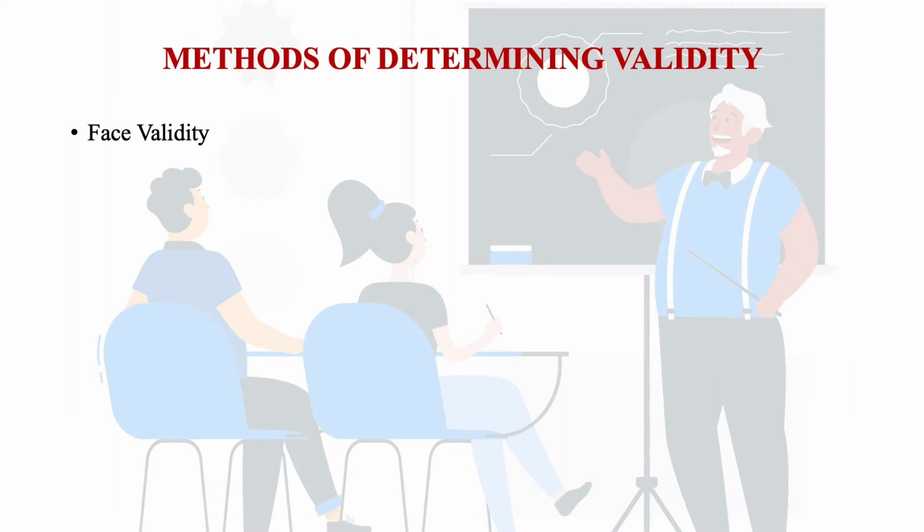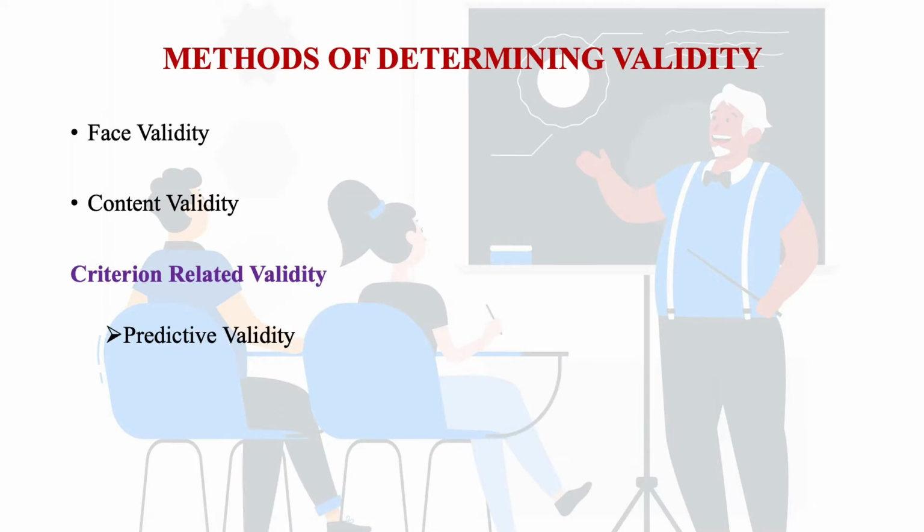Let us go forward. To understand further, what are the different methods that we follow for determining the validity of a tool? First is face validity, then content validity is another method, criterion related validity is another method. Under criterion related validity, there are two techniques that you can use: one is predictive validity, the other is concurrent validity.